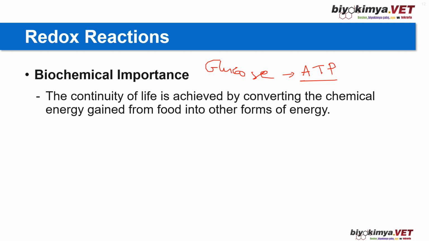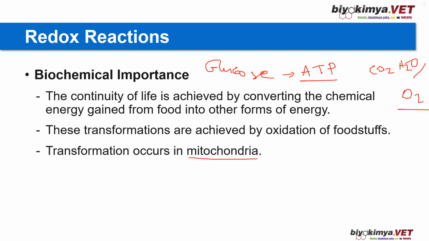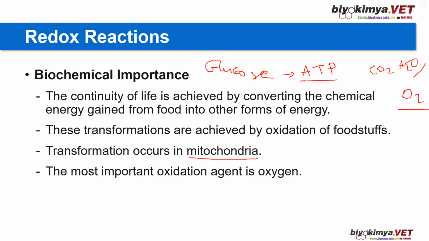There are many redox reactions in the pathway of glucose conversion to ATP, carbon dioxide and water, especially since we need oxygen for that kind of reaction. These transformations are achieved by oxidation of foodstuffs. And the transformation occurs in mitochondria, the power plant of the cells.